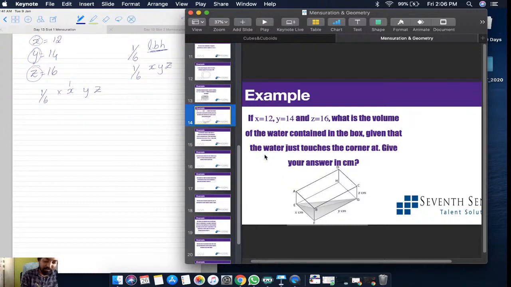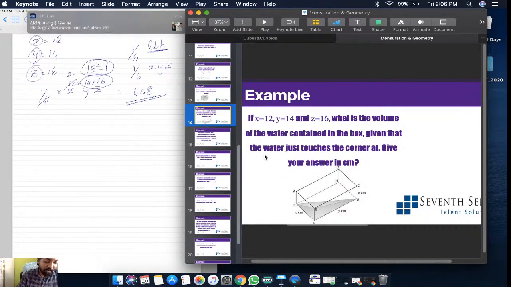That is 12 into 14 into 16. 2s, you need 14 into 16, that is 225 minus 1, 224. 224 into 2 is 448. 14 into 16, don't try to multiply it, write it as 15 squared minus 1. 15 squared is 225, minus 1 is 224, into 2 is 448.